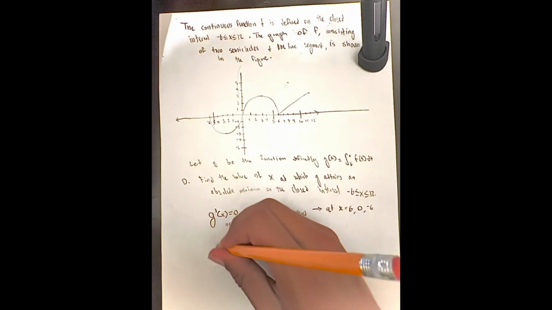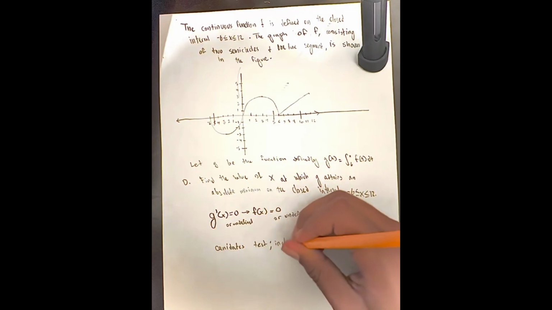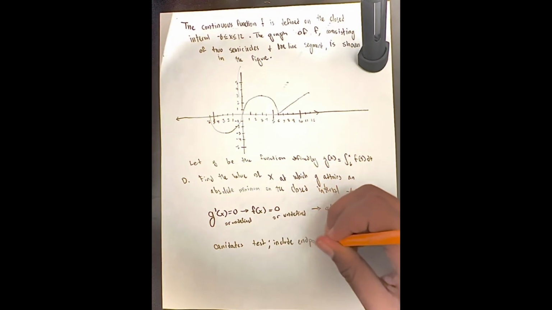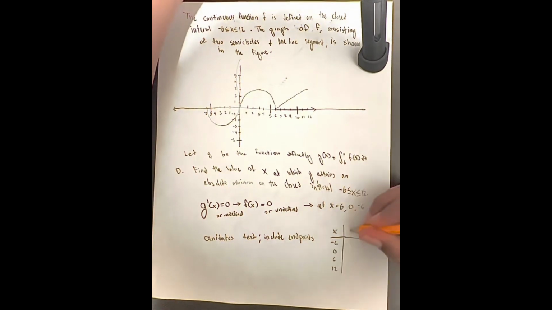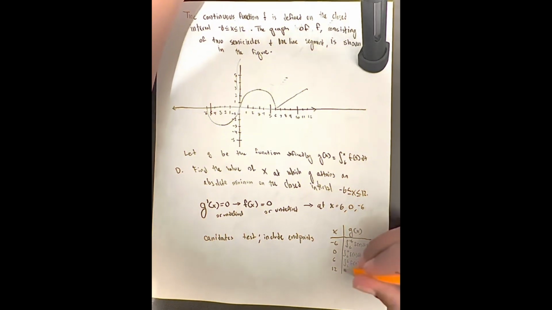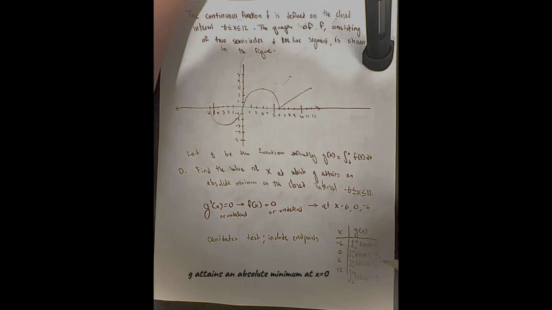Now we can use the candidates test and make a table of these x values in g of x, including the endpoints of the given interval. Then, we can calculate g of x for each x value to see where it is the lowest, which we can find as negative 4.5 pi at x equals 0.